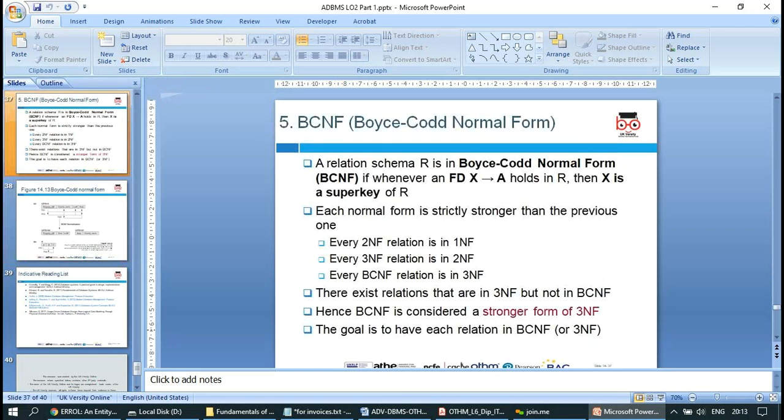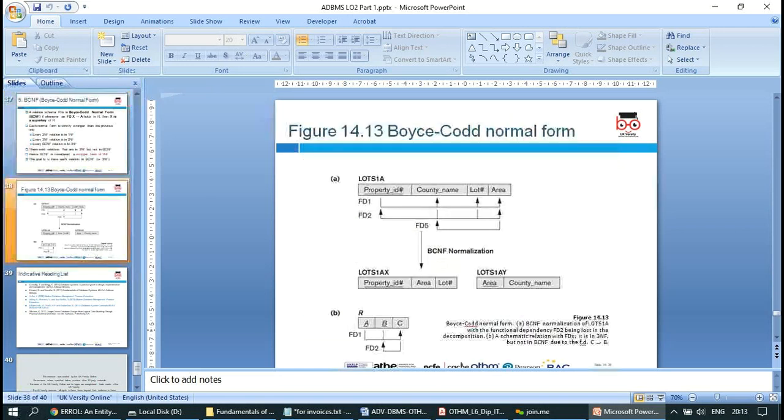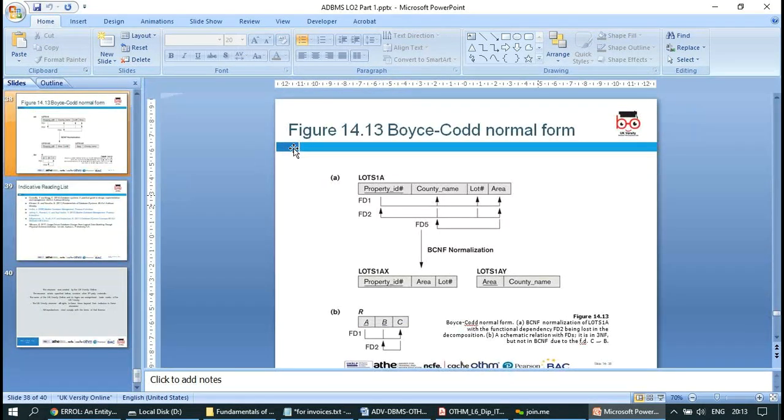Boyce-Codd is basically the extended form of third normal form, or let's say the stronger form of the third normal form. Let us see how, in this table, we have property ID, county name, lot number, and area. The area, lot number, and county name are dependent on the property ID. Three things here, right?